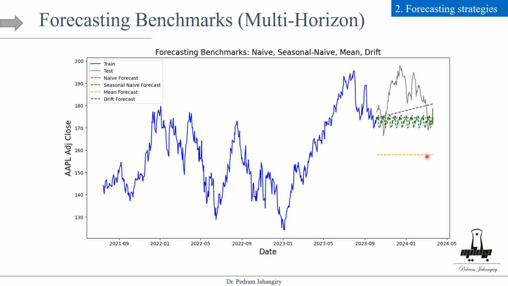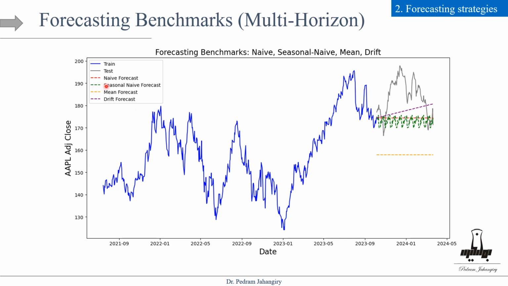So the yellow one is our mean forecaster, which obviously is not going to be a fair benchmark, simply because there's an overall upward trend here, and this is going to miss that. Then our drift forecaster: if you connect this one with this one and extrapolate, this is our drift forecaster. Then we have our naive forecaster. Naive forecaster just uses the past value for the whole future forecasting horizon.